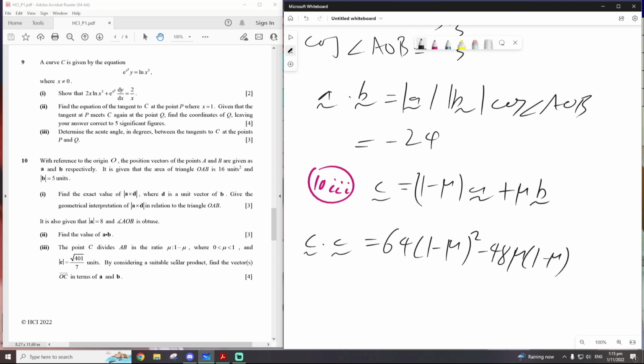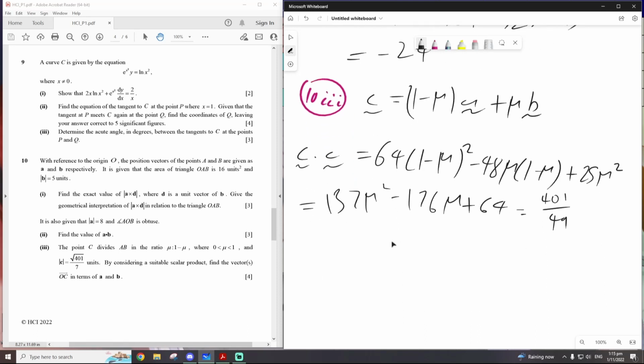Okay, and then mod B squared is 25, so I get 25 mu squared. Okay, and this is equal to mod C squared, but I will simplify this a bit first. I already worked it out on pen and paper. You will get 137 mu squared minus 176 mu plus 64. And equate this to mod C squared, which is 401 divided by 49.